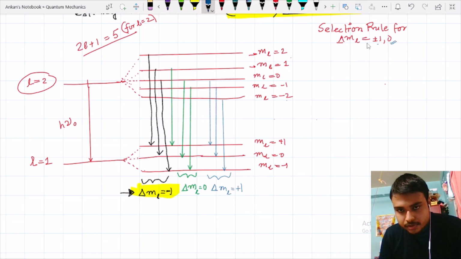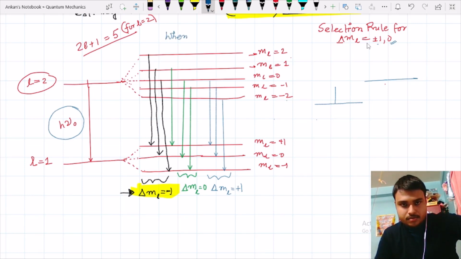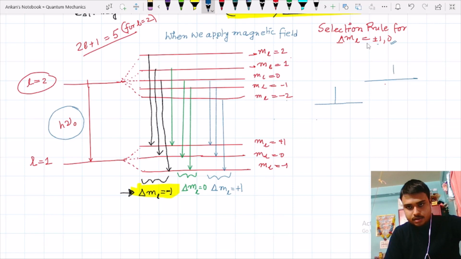So if we simply see here, then this will be for the undeflected spectral line, only one spectral line was present. But when we apply magnetic field, the spectral line becomes this, this, this.